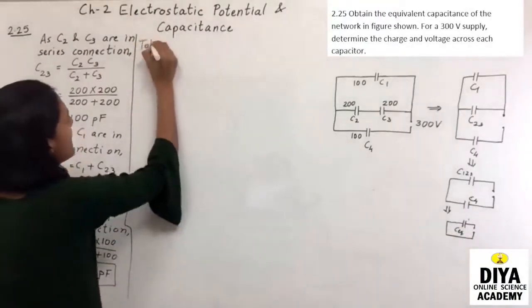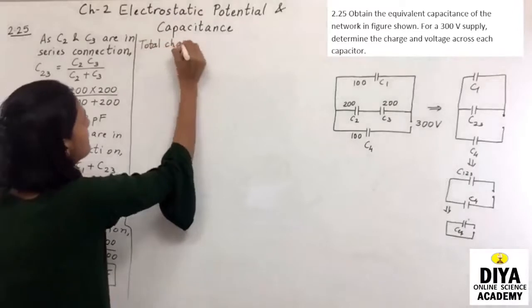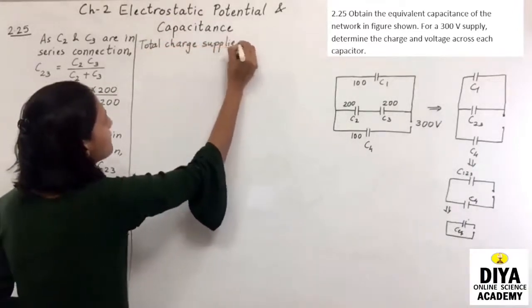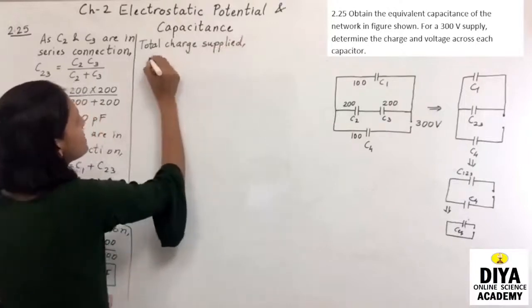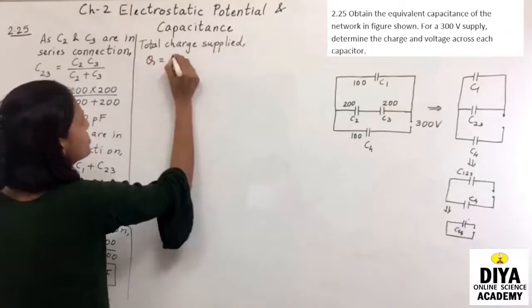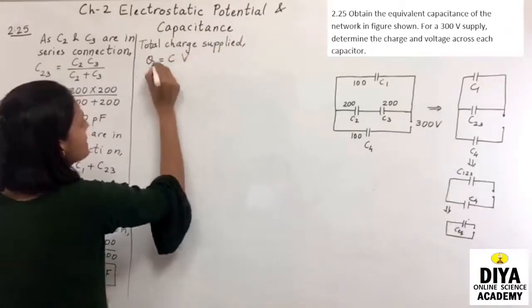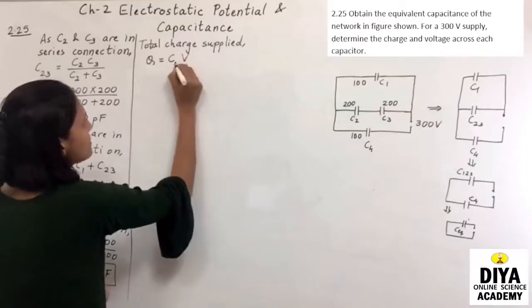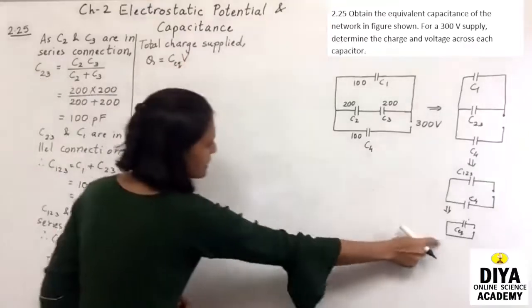Total charge supplied: C equals Q by V, so Q equals C into V. Here Q is total, so C should be the equivalent one for this circuit.